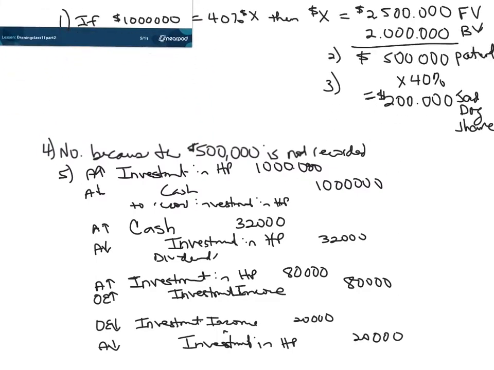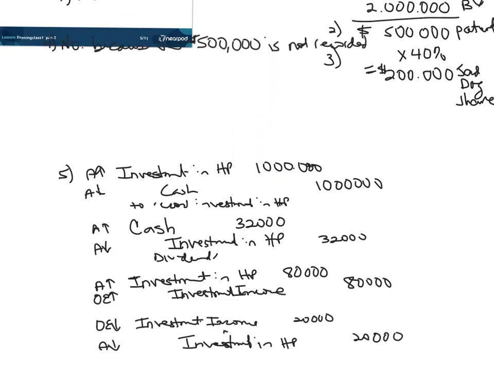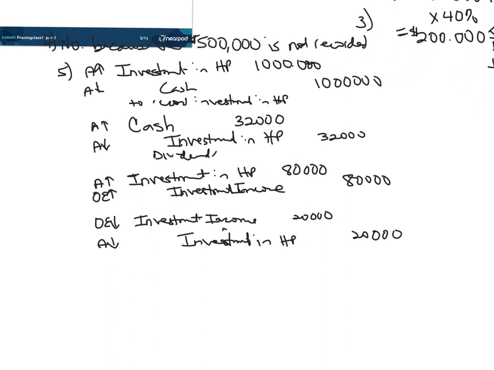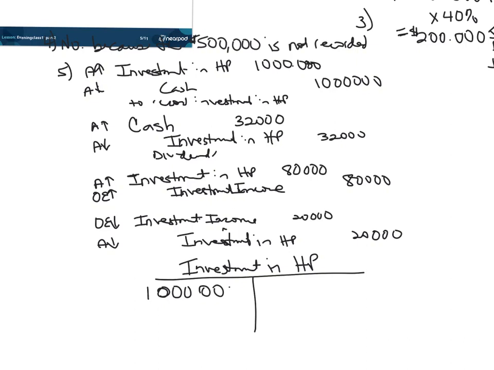I'm going to get some of this stuff out of the way. I'm going to show you, just to wrap it up, what the balance in that account is going to be. Investment in HP. We had our $1 million investment. We made it bigger by our share of income. We made it smaller, just like we talked about in our last activity, by the dividends.